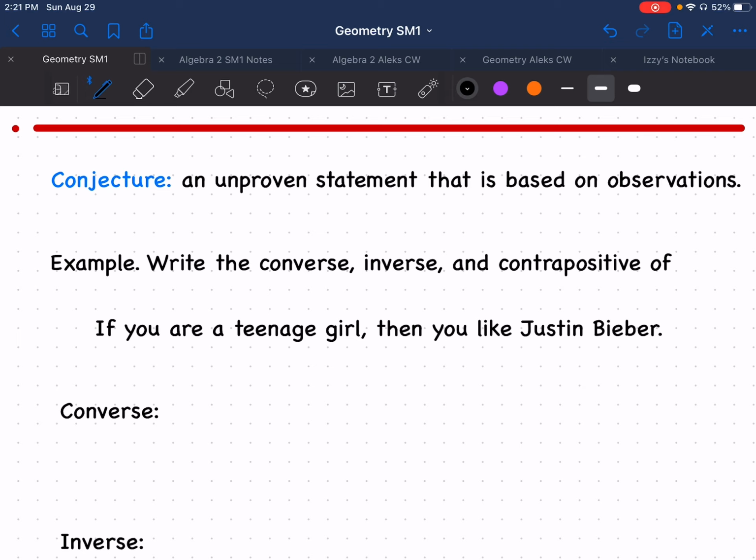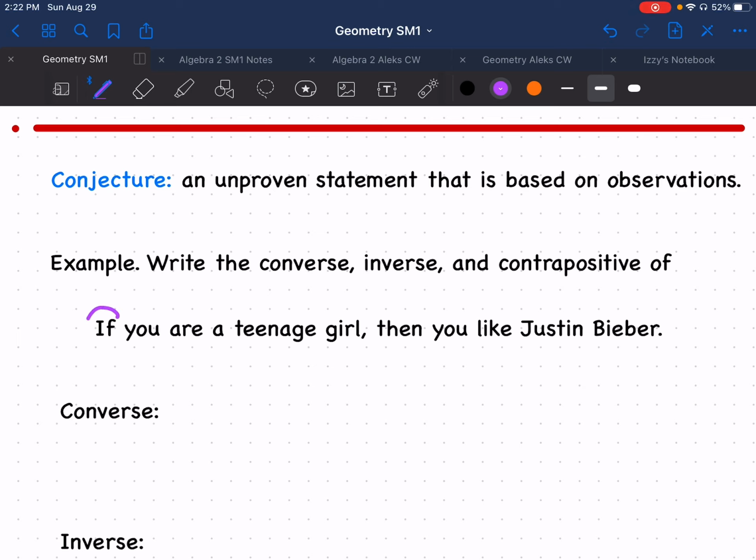If you are a teenage girl, then you like Justin Bieber. Let's go ahead and identify the hypothesis and the conclusion. What I want you to notice is every time I've shown you a new conditional statement, we've identified the hypothesis and the conclusion. That way I can simply do the switch, the negation, or both the switch and the negation.